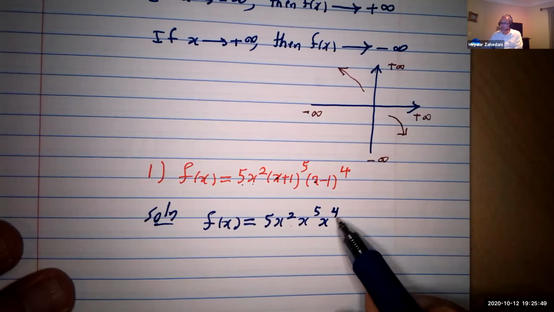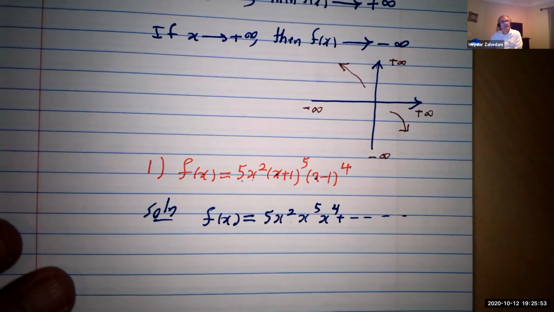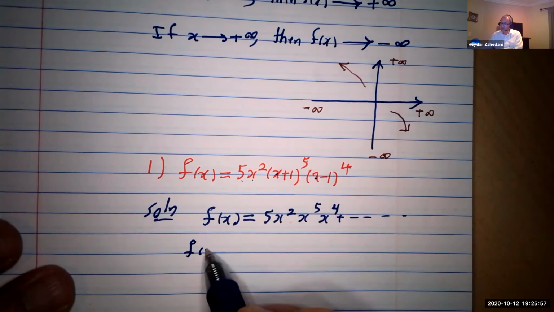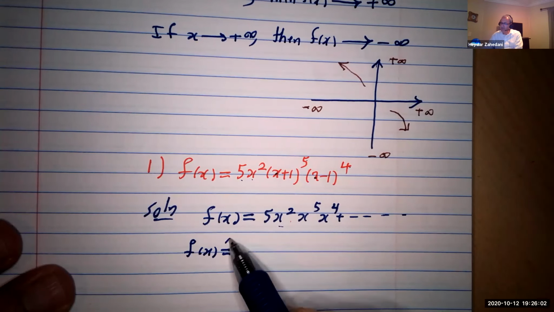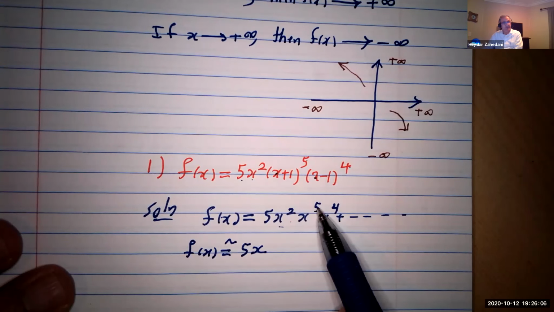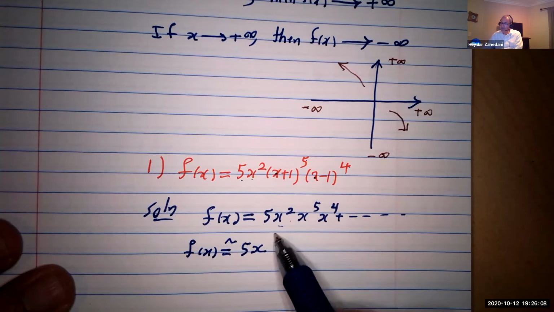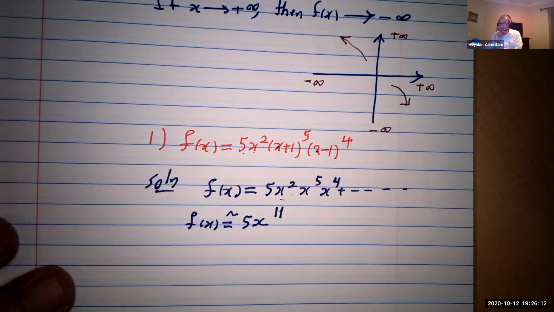Of course, there are some other terms, but you are interested in the x with the highest power. So f of x we can shrink into its highest form. It's going to be 5x to the power 2 plus 5 is 7, 7 plus 4 is 11. So that would be the leading term. Any question?